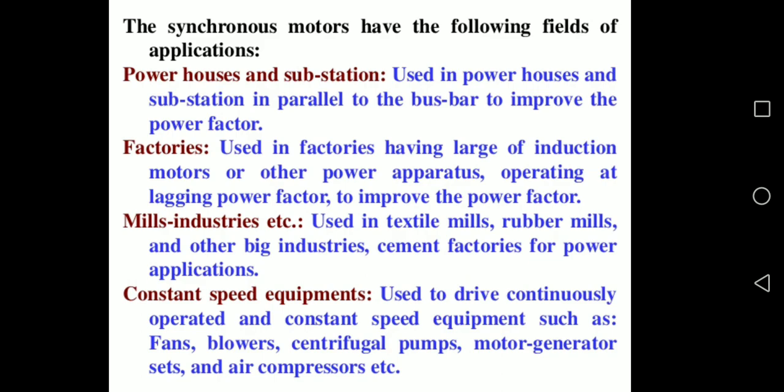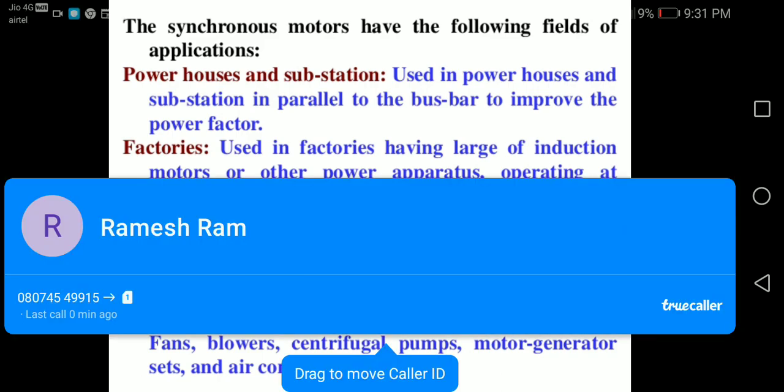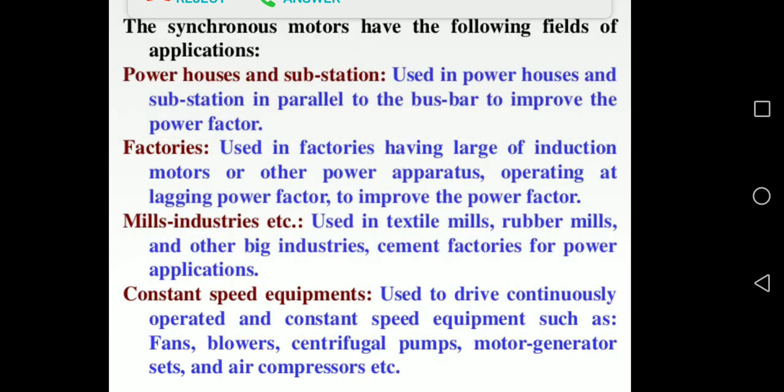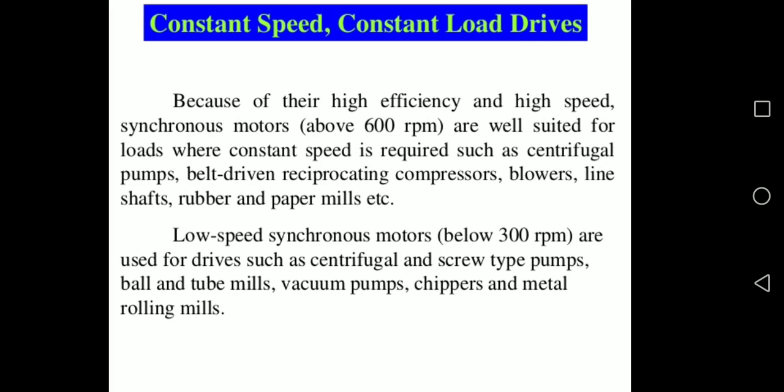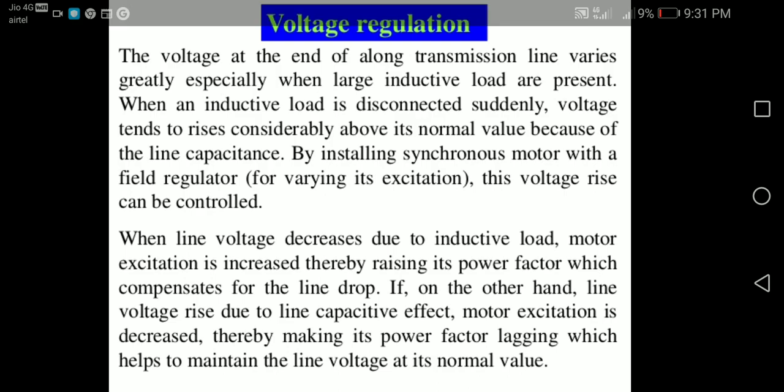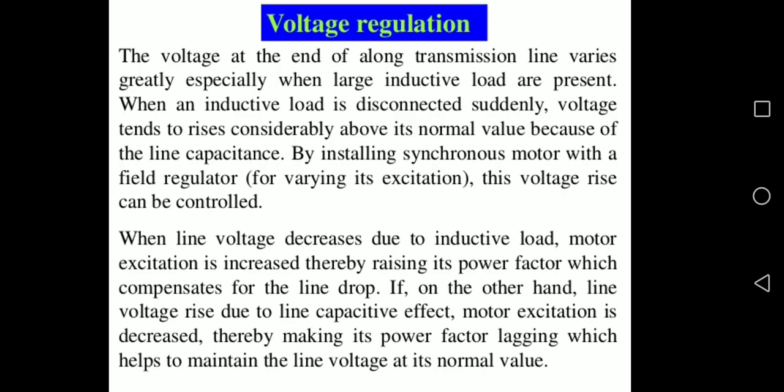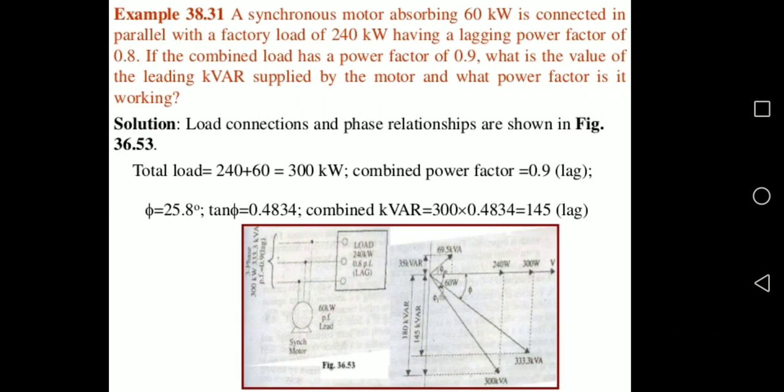Constant speed equipment: used to drive continuously operated, constant speed equipment such as fans, blowers, centrifugal pumps, motor generator sets, and air compressors, etc. Power factor correction, constant speed and constant load drives, and voltage regulation purpose, especially in large inductive load conditions.